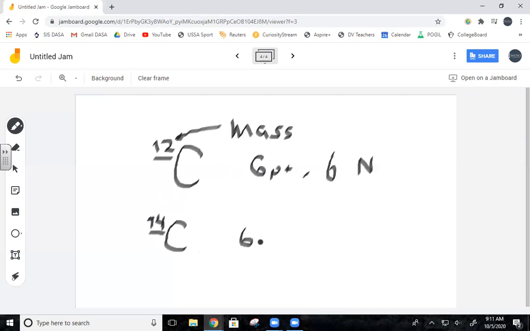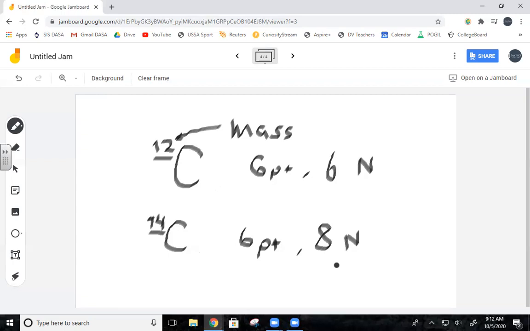Because it's the same element. 6p plus. That's a plus. And how many neutrons? 8. Generally I do my 8s by drawing 2 circles, but I'm going to try the actual correct way. Okay, that looks pretty good. 8 neutrons.